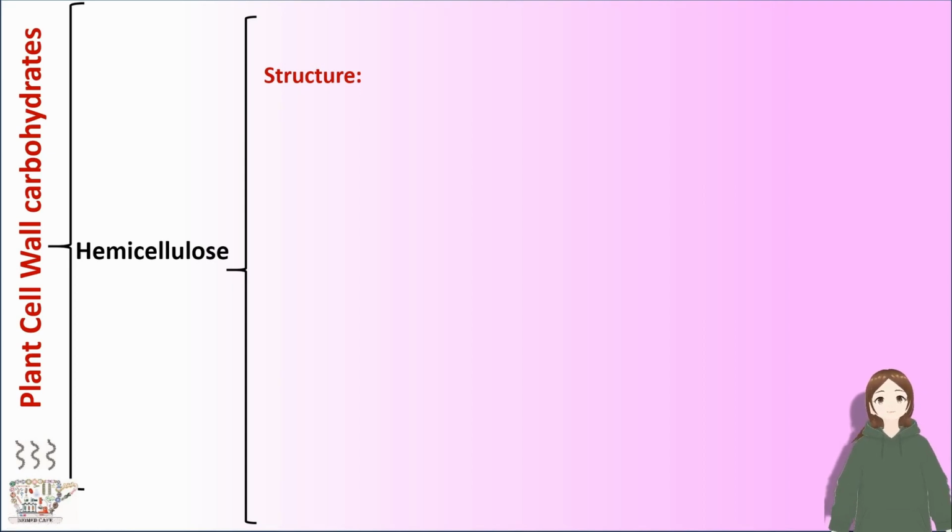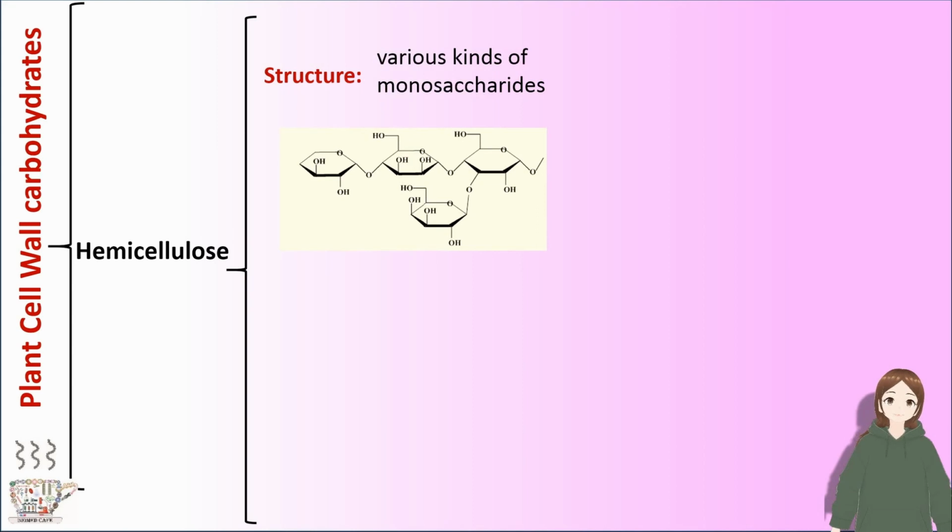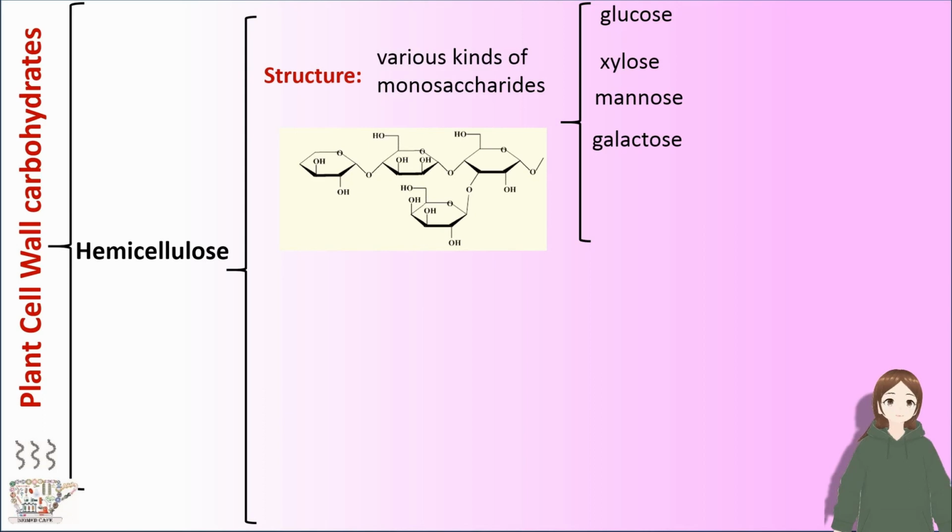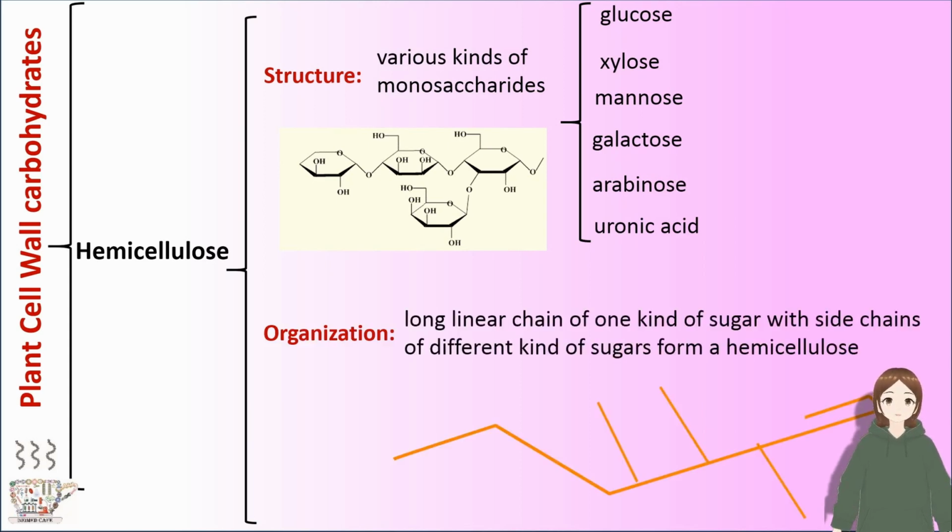Hemicellulose has various kinds of monosaccharides in its structure, such as glucose, xylose, mannose, galactose, arabinose, and uronic acid. A long linear chain of one kind of sugar with side chains of different kinds of sugars forms a hemicellulose.